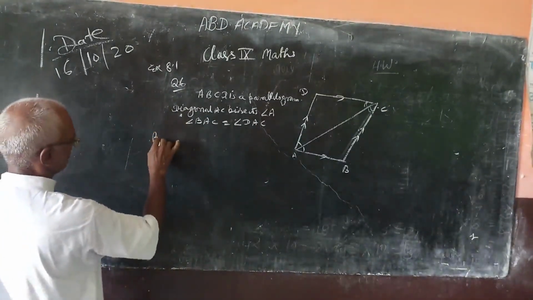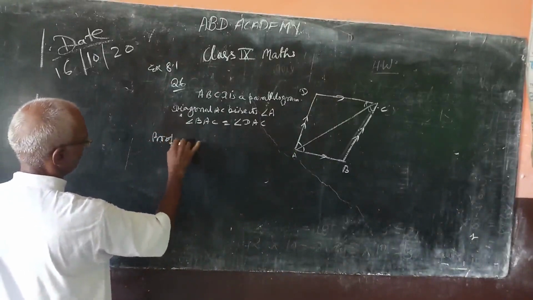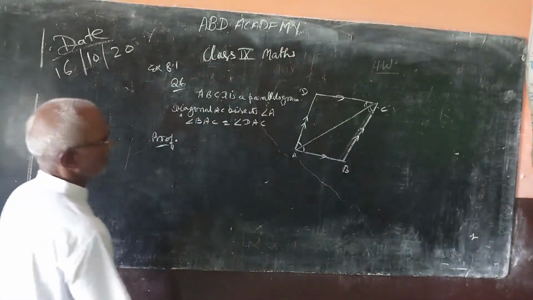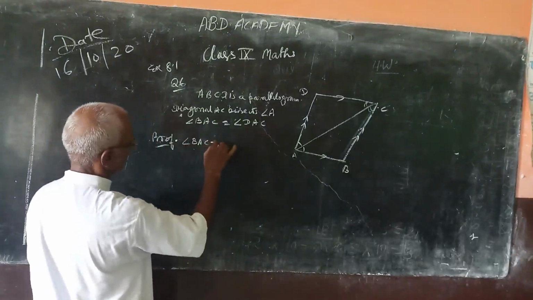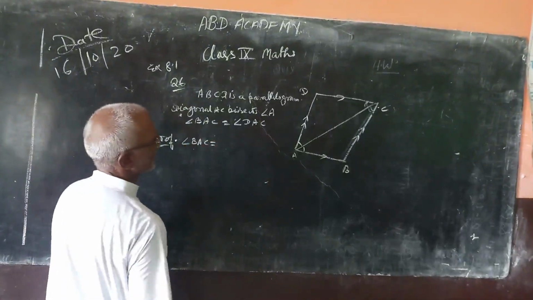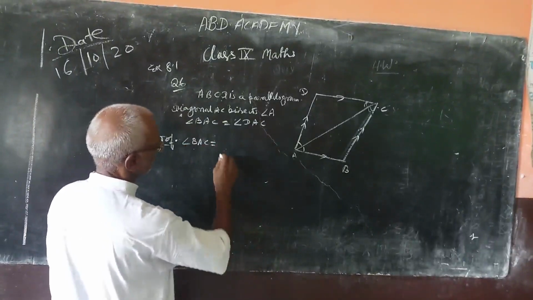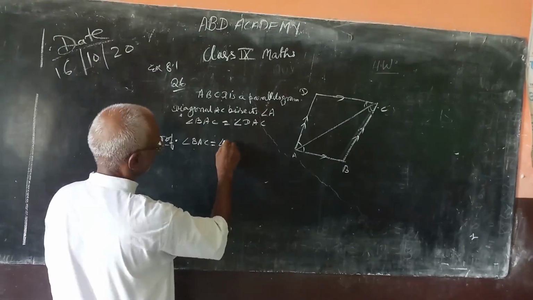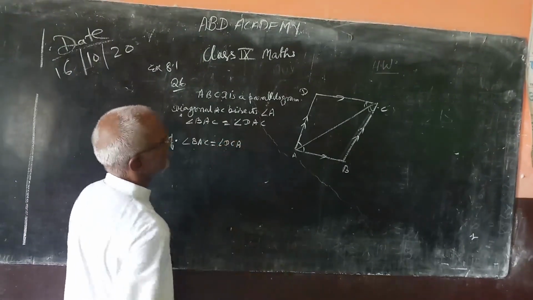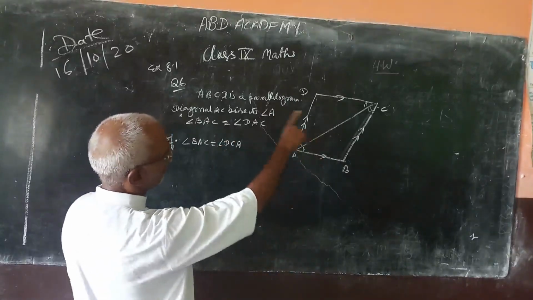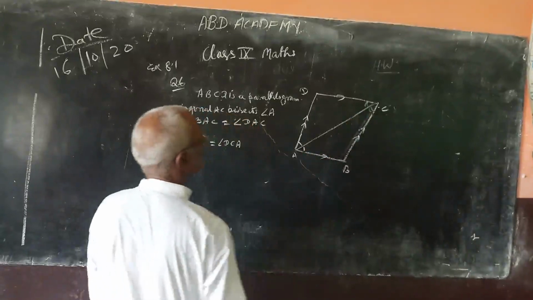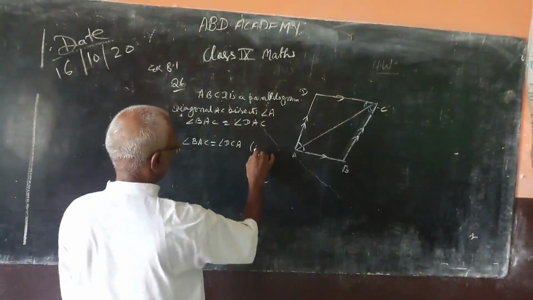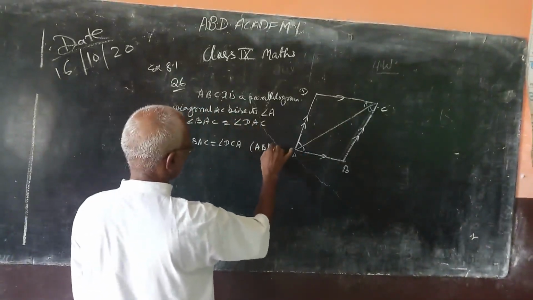That is very simple, because to prove: angle BAC is equal to alternate angle DCA. BAC and DCA are alternate angles because AB is parallel to CD.